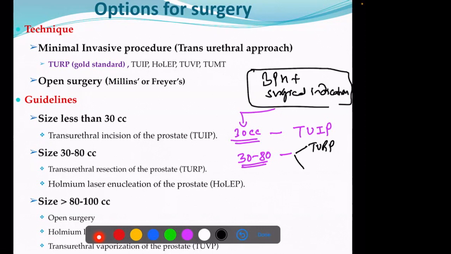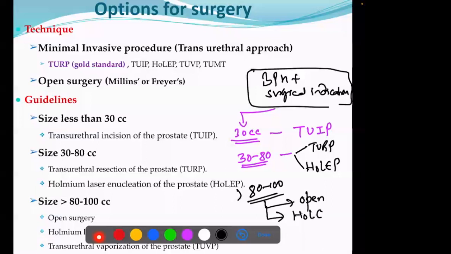HOLEP means holmium laser enucleation of prostate. If the size is very big, like more than 80 or more than 100, then the option should be either open surgery, or if you can do HOLEP, then HOLEP is okay. HOLEP is better. You can do that. Or you can go for other laser option like TUVP, transurethral vaporization of prostate.